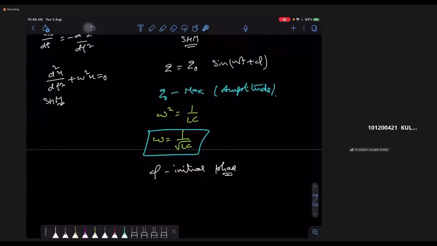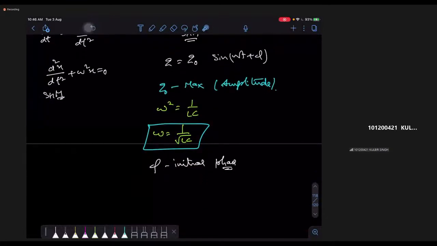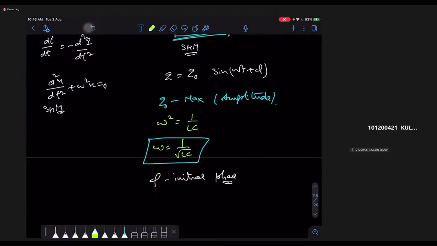So meaning thereby, in this case my charge varies periodically. When sine goes to the maximum, the charge goes to the maximum Q naught. When sine goes to 0, my charge on the capacitor goes to 0. So it has a periodic variation.